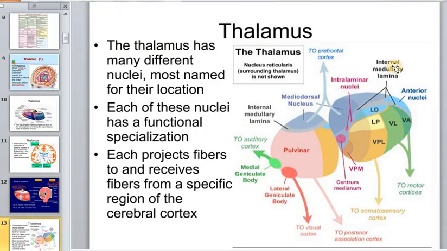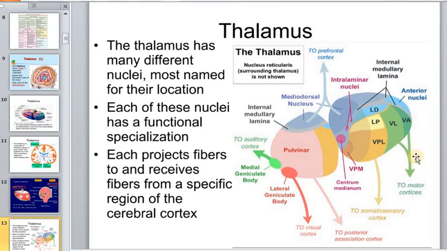Next slide, here we see the internal medullary lamina. This lamina is placed vertically. It divides the thalamus into a lateral part and a medial part, shaped like an L, and an anterior part situated between the two limbs of it.